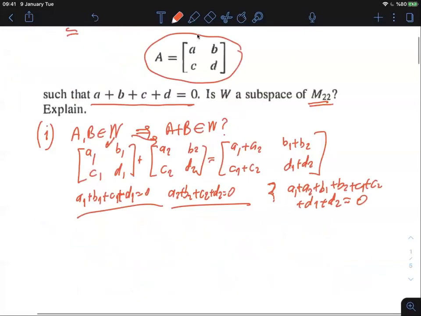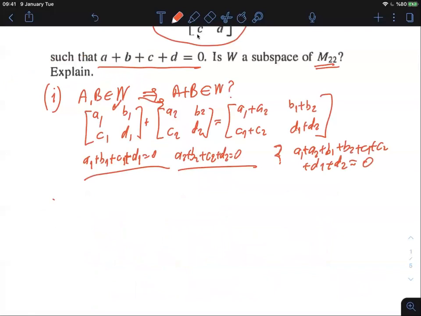Now, what is the second condition? Second condition says this: take any scalar number, okay? So for us, scalars are real numbers. We show them with the symbol R. And let's take A, B, C, D, their sum to be 0.